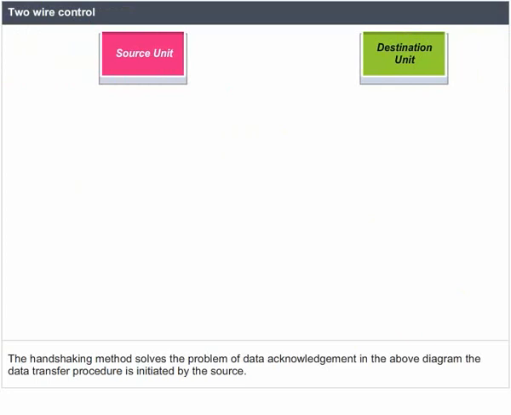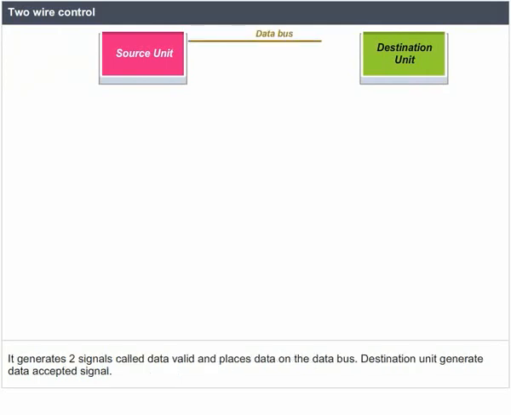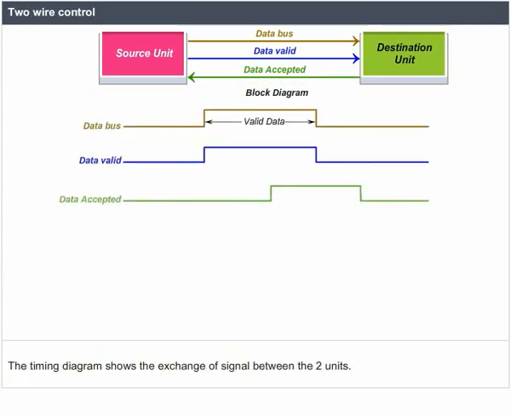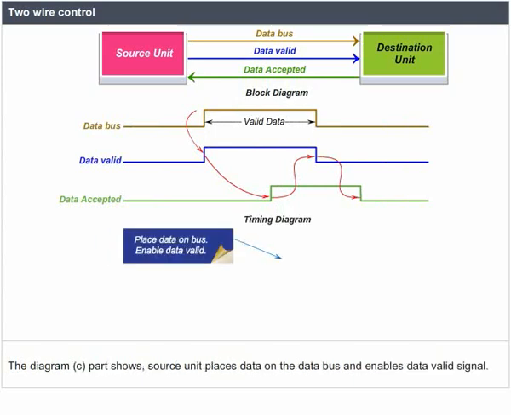The data transfer procedure is initiated by the source. It generates a signal called data valid and places data on the data bus. The destination unit generates a data accepted signal. The timing diagram shows the exchange of signals between the two units. Part C of the diagram shows the source unit places data on the data bus and enables the data valid signal.